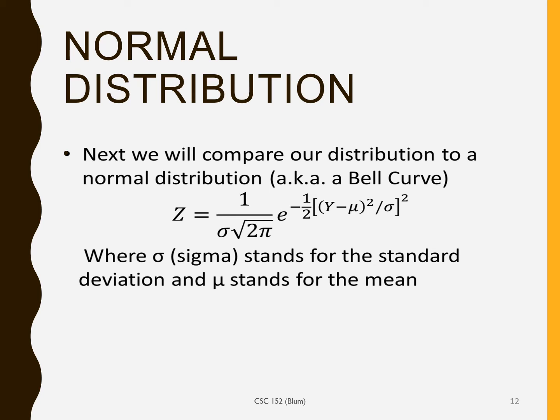And then we have 2 parameters. The mu, that thing that looks a bit like a U, and that is the average, the mean. And then the sigma, that little thing that looks a bit like an O, that's the standard deviation. These are the 2 standard parameters that define a normal distribution, where it will be peaked, the mean, and how spread out it will be from that peak, the standard deviation.